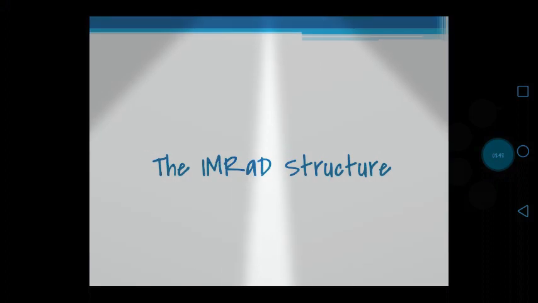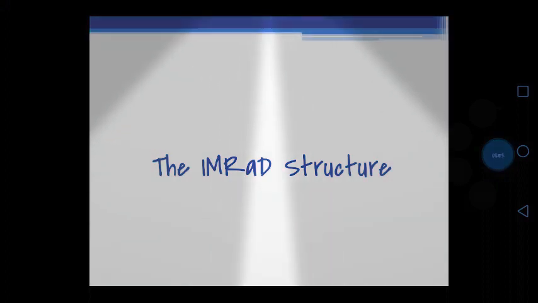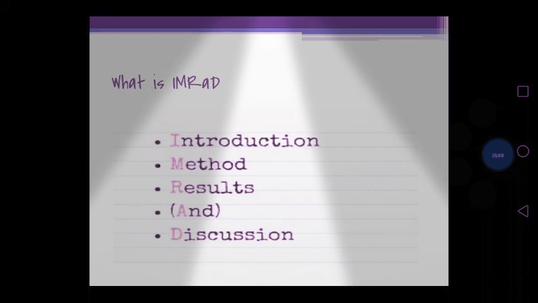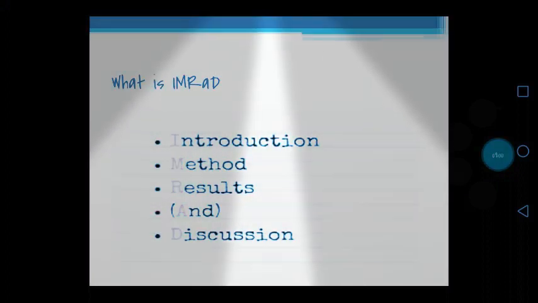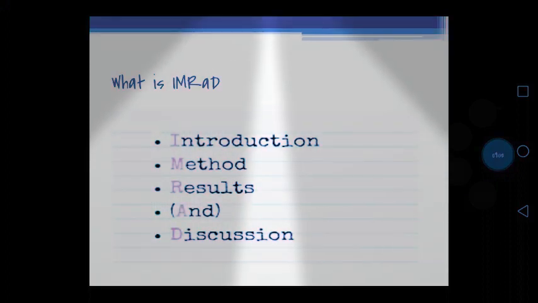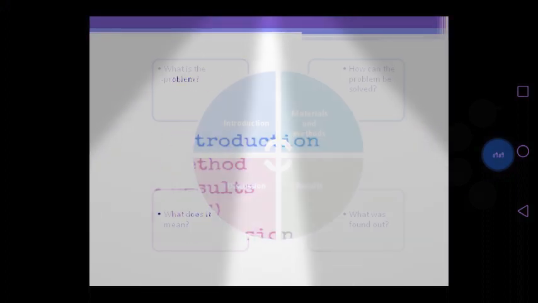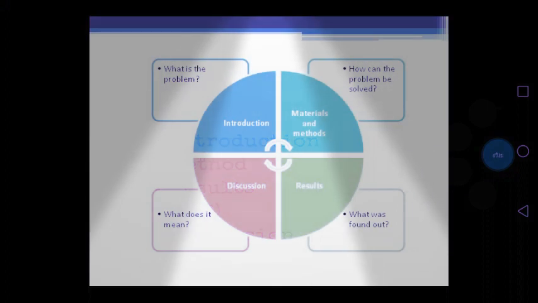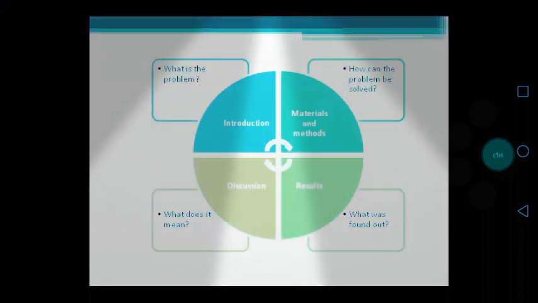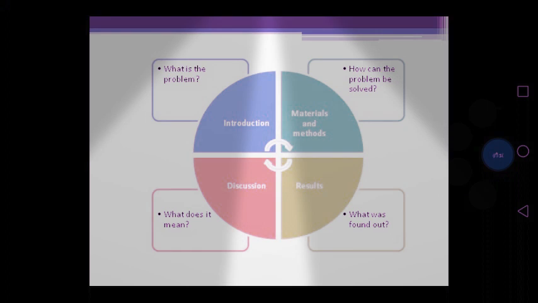Next, let's define the IMRAD structure. What do you mean by IMRAD? The letter I stands for introduction, letter M is methods, R is results, and the last one is discussion. The question for the introduction is, what is the problem?